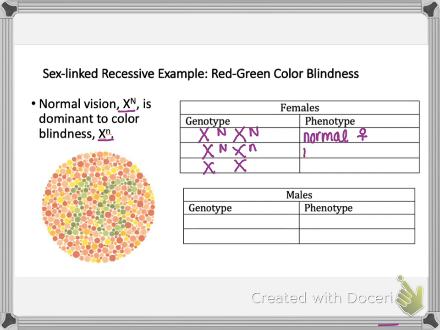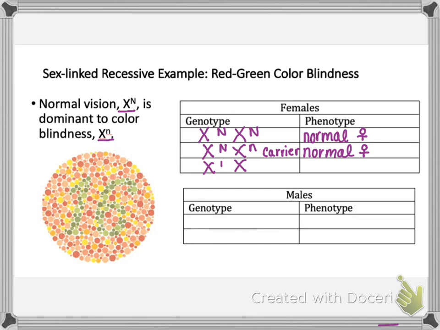She would also have normal vision, and she would be a normal female because she has the dominant allele. However, we would call her a carrier. She carries the recessive allele. So she herself has normal vision, but she could potentially have children who have color blindness.